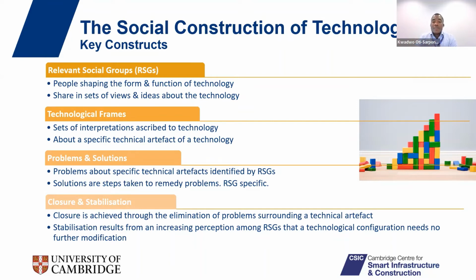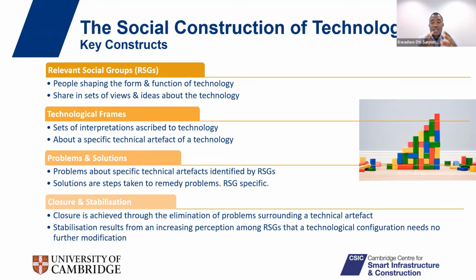As part of the processes of technology undergoing shaping and evolution, various relevant social groups tend to identify problems about technology, and different actors are also entitled to proffer solutions that may be adopted and roped into the shaping of the form and function of technology, or may be neglected.